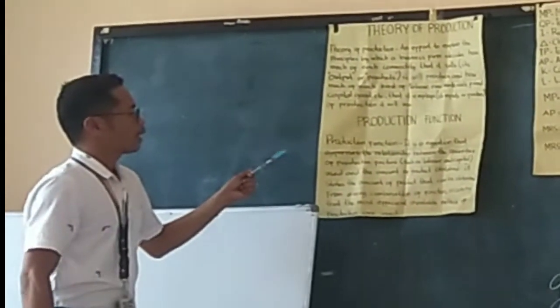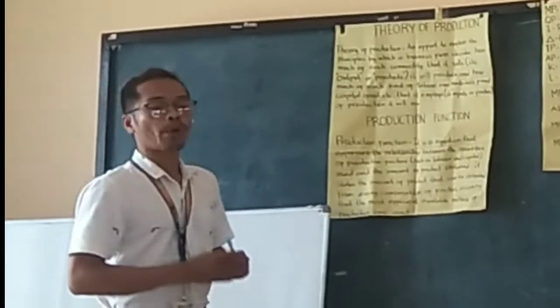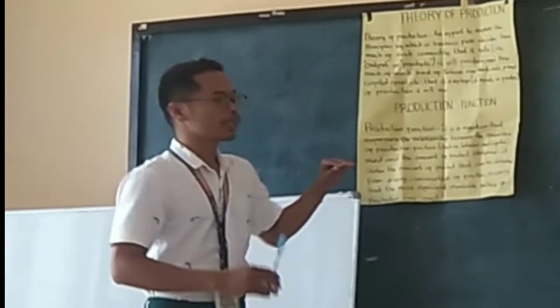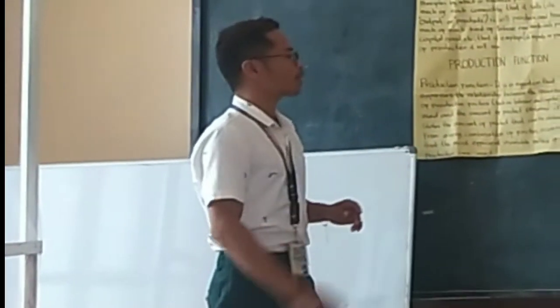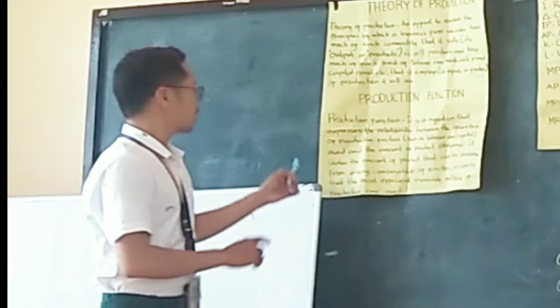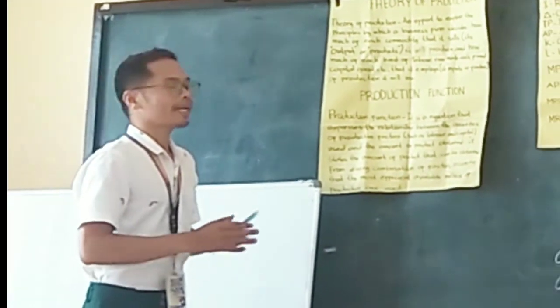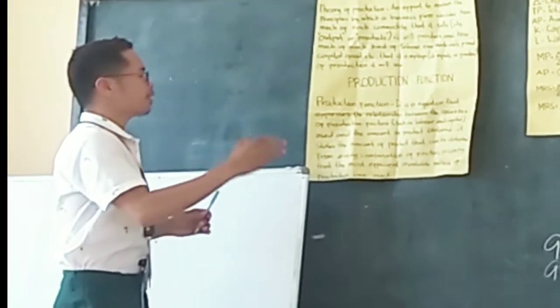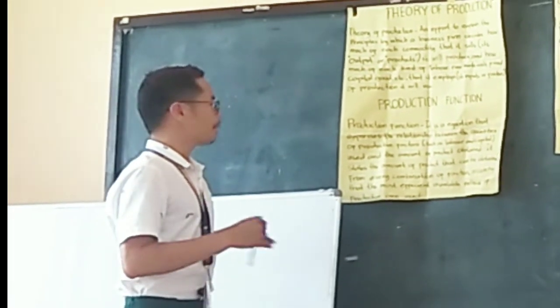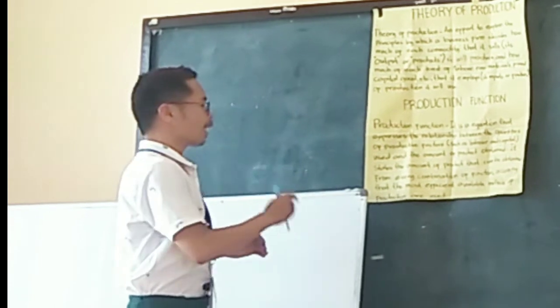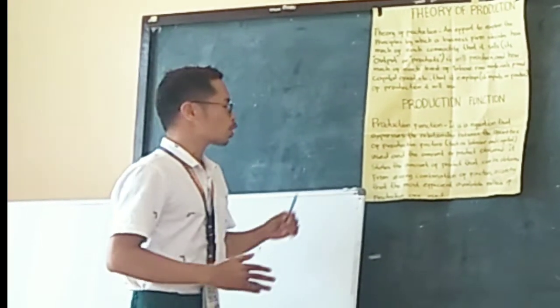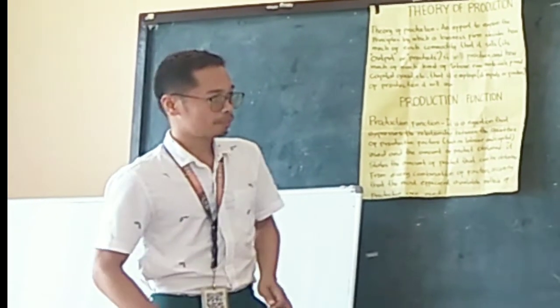Production function is an equation that expresses the relationship between the quantities of productive factors such as labor and capital used, and the amount of product obtained. It states the amount of product that can be obtained from every combination of factors, assuming that the most efficient available methods of production are used.